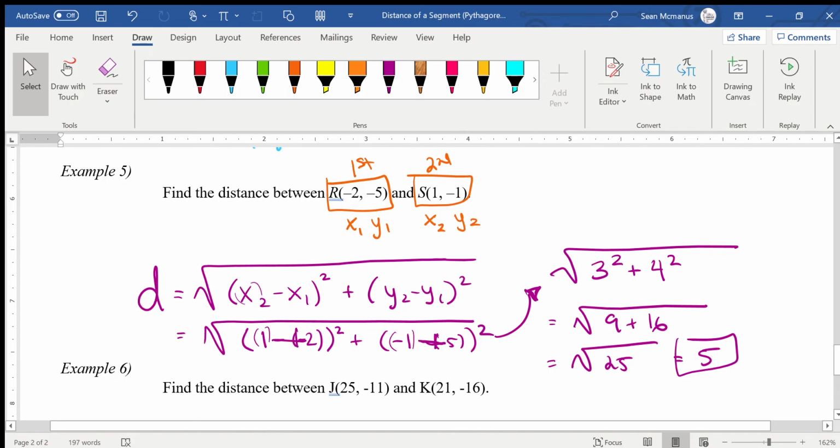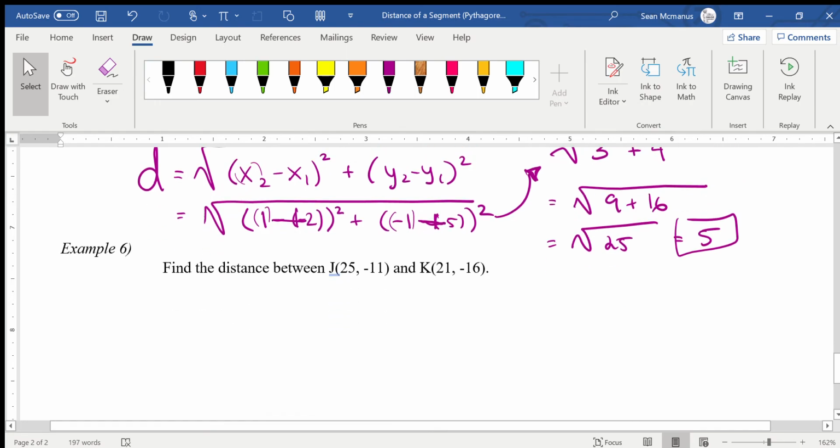The benefit of the distance formula is that you don't need a graph. You don't have to graph anything. You can just plug in the numbers and go. The downside is if you have negative numbers like I chose here, you're going to have to do a little finagling to make sure your signs are correct.